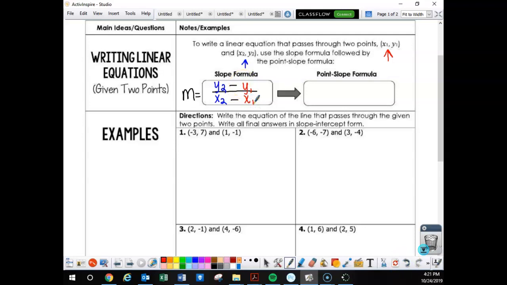I can use this to figure out the slope, and then put it into the formula we learned yesterday: y minus y1 equals m times the quantity x minus x1.